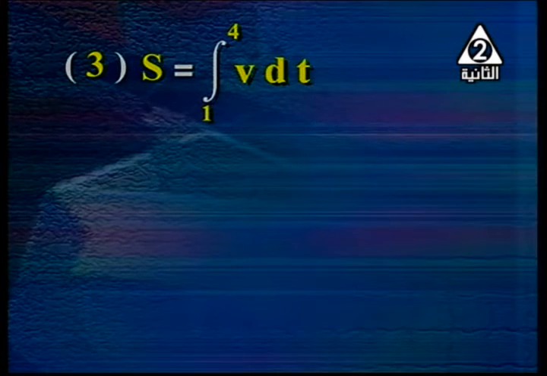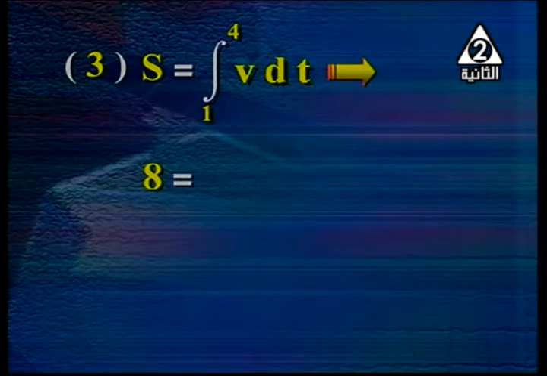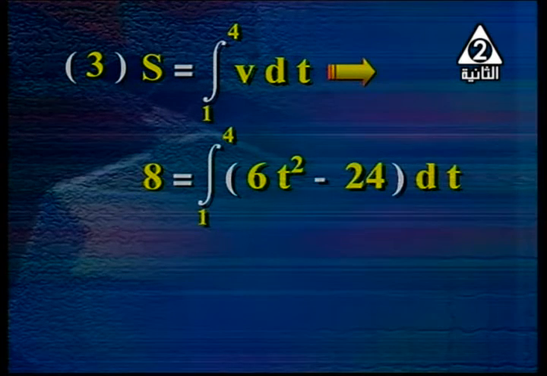When we find S, we use the integration of v with respect to time t from 1 to 4. S is the integration from 1 to 4 of the bracket 6t squared minus 24 with respect to time t.